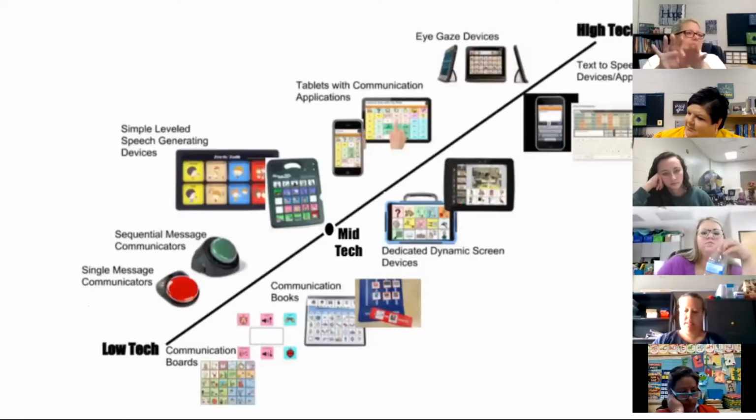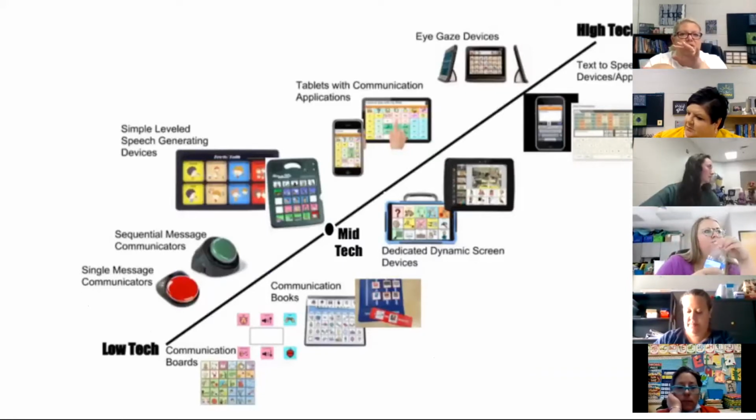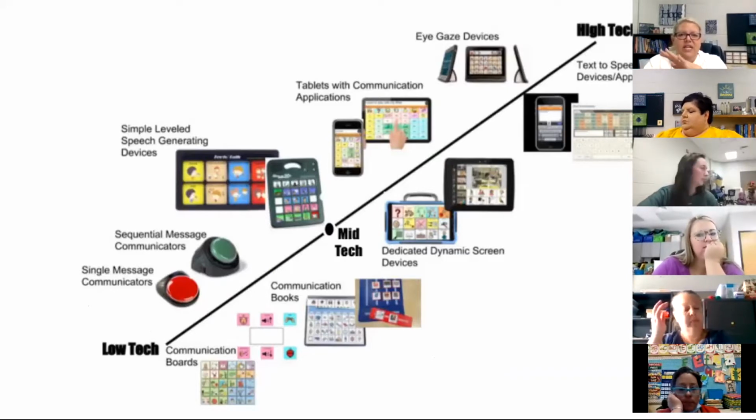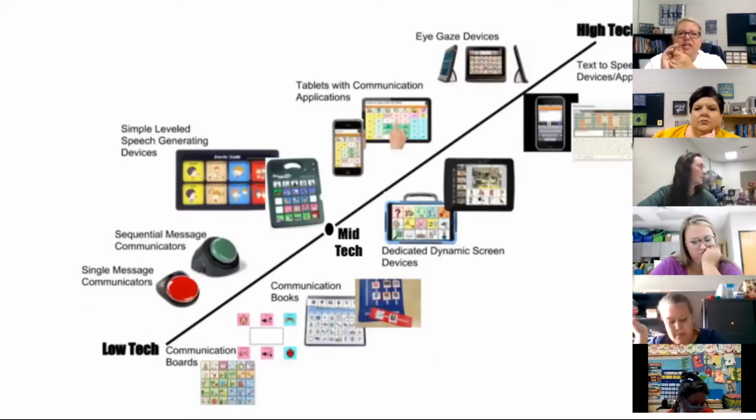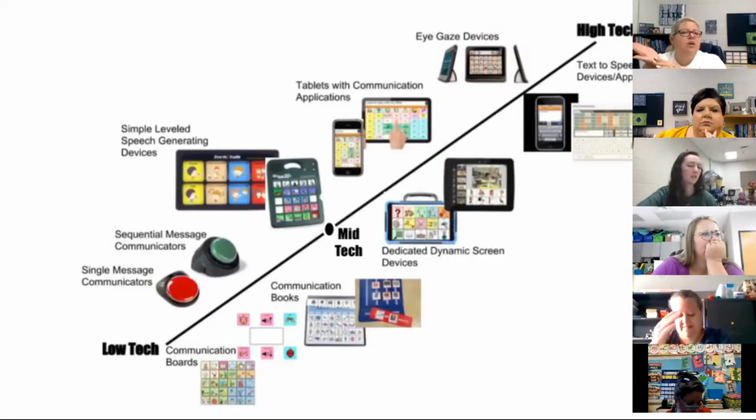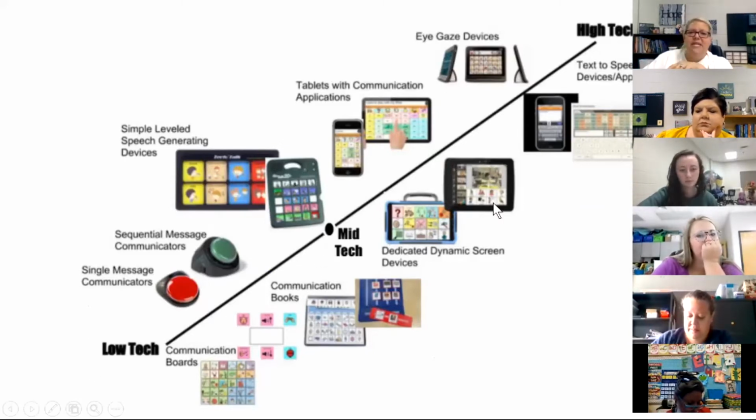I love this graphic. And if you did one of my courses this last year over Canvas, this was in the communication section of our teaching students with significant disabilities. It shows us the continuum of AAC, starting with low tech, going to mid tech and high tech.